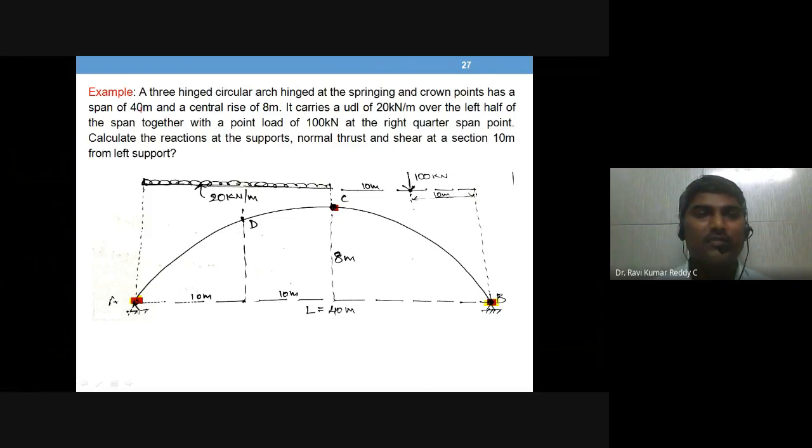It has a span of 40 meters. This span of 40 meters is given here. And central rise 8 meters.